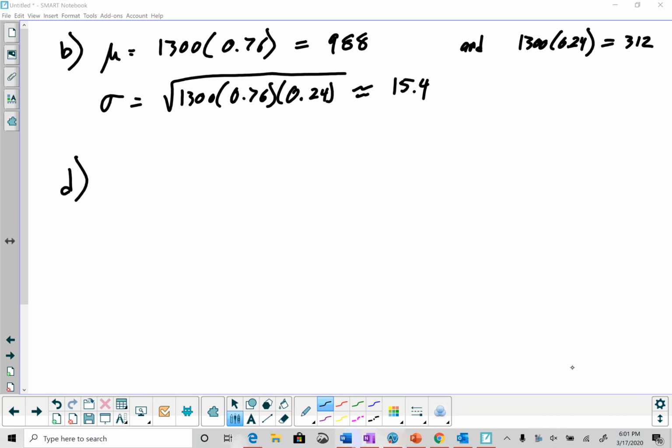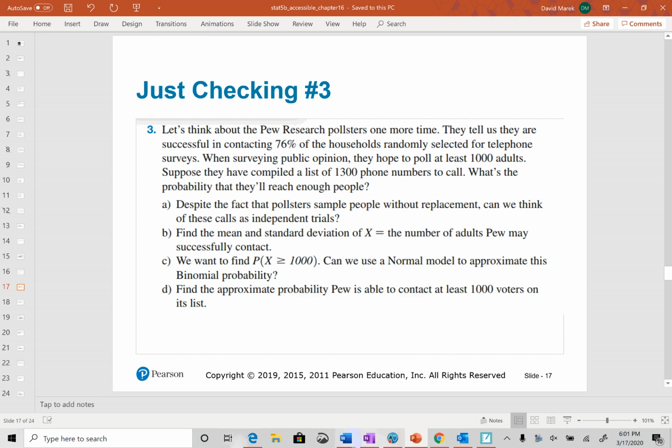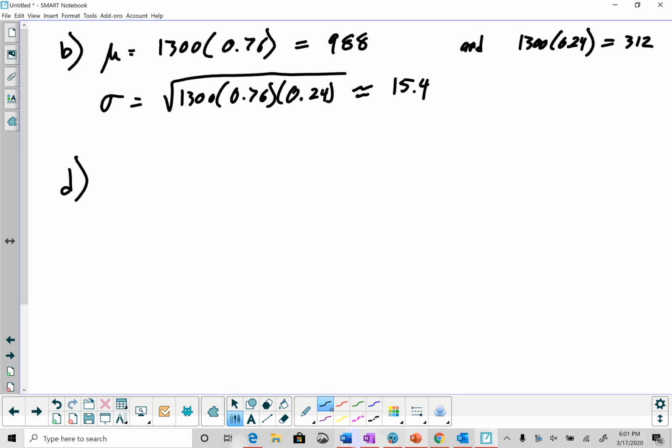So now again, we're asked to use our normal model. So back to what we did before, to find the probability of at least 1,000, we need to find out what the z-score is.